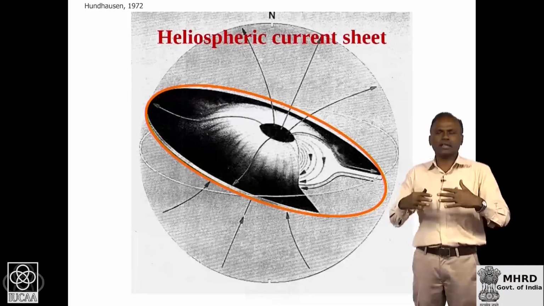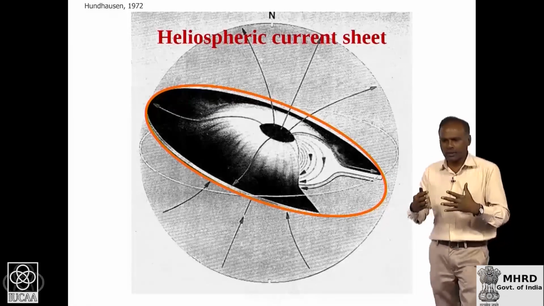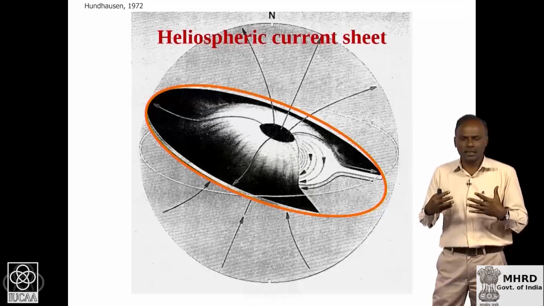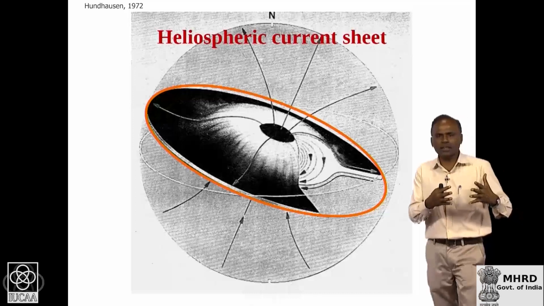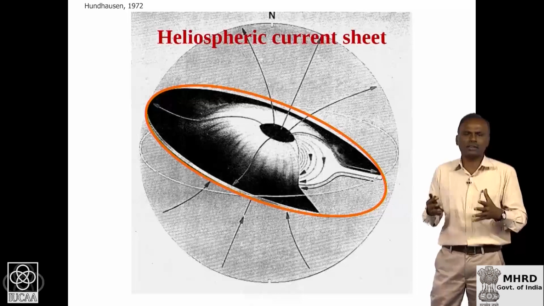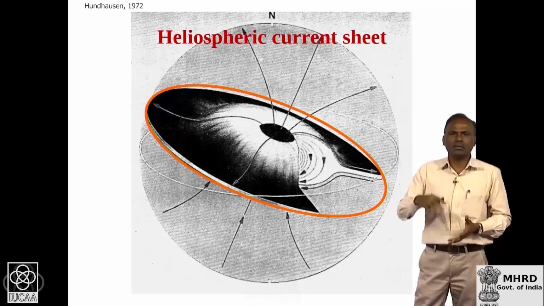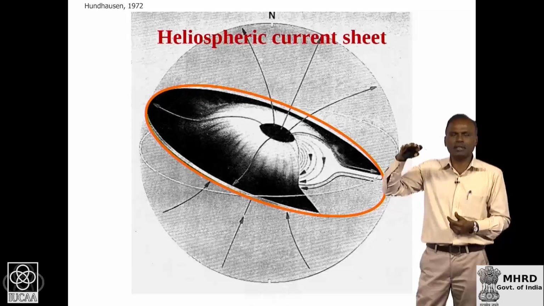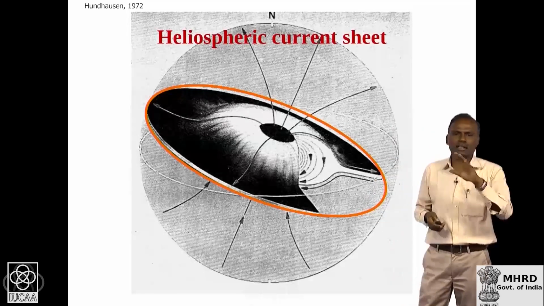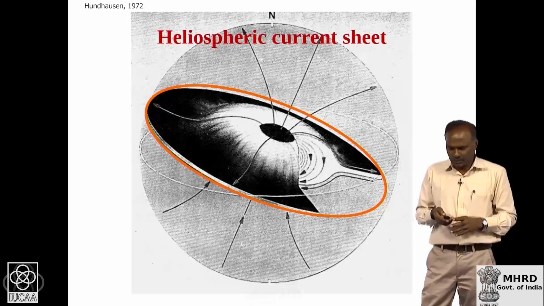Since the originating solar wind has a magnetic configuration embedded with it, as the solar wind flows out from sun to large distances, 1 AU or 10 AU, the magnetic current sheet, the current sheet between two polarities, positive and negative polarity, or south polarity and north polarity, also propagates from the sun to earth.